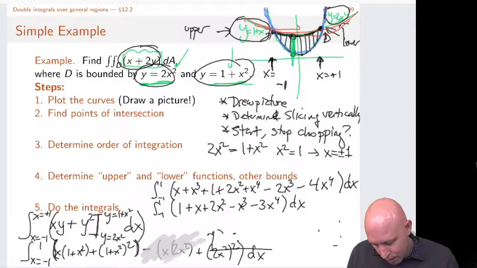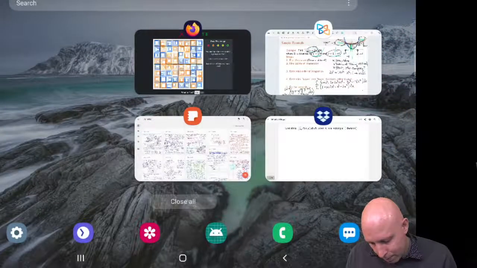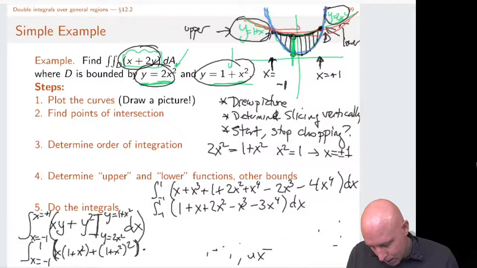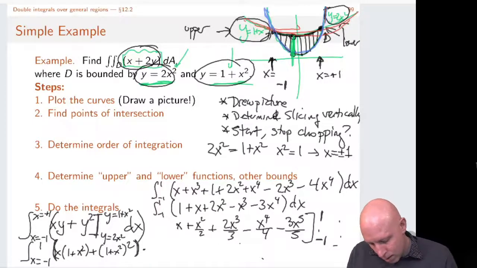And now when we do this integral, whoa, ran away, come back. When we do this integral, we get x plus x squared over 2 plus 2x cubed over 3 minus x to the fourth over 4 minus 3x to the fifth over 5, evaluated from -1 to 1. Which is equal to 1 minus -1, which is 1 plus 1.